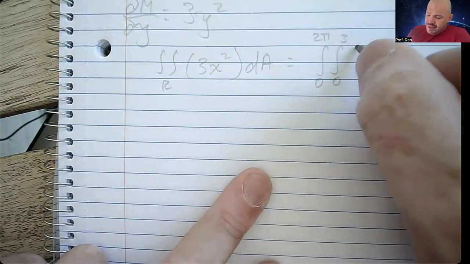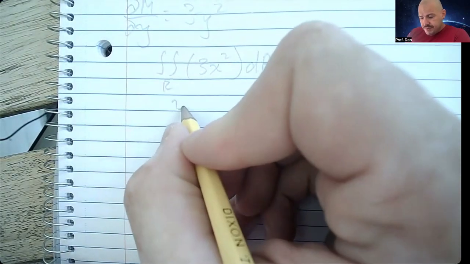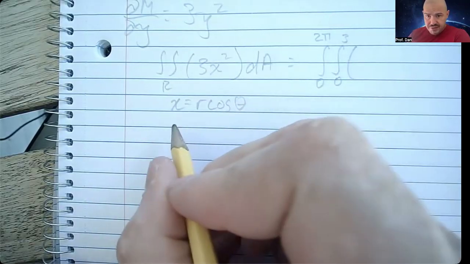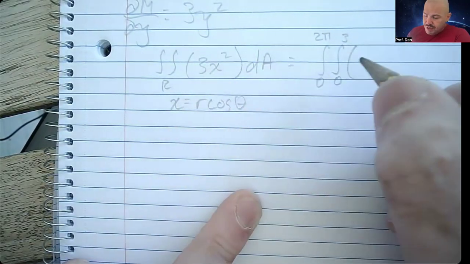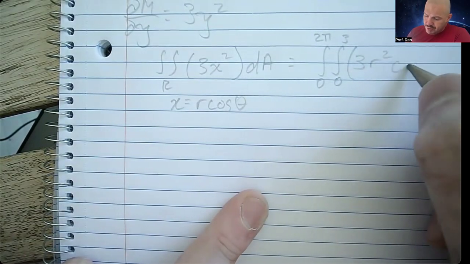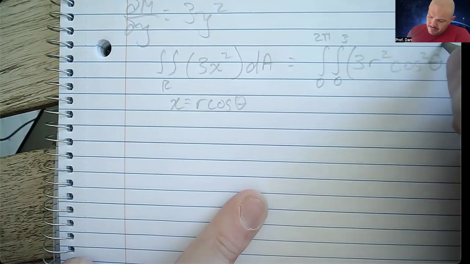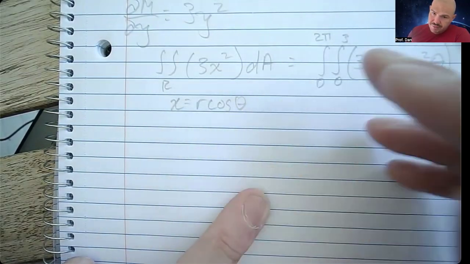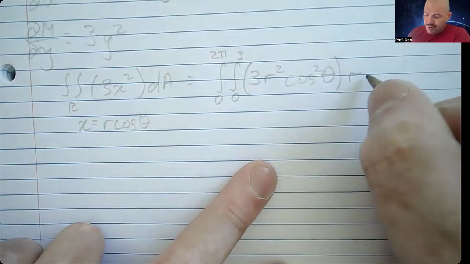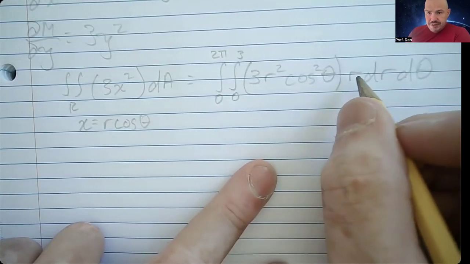The integrand is 3x squared. Remember, we have to convert this to be in terms of r and theta. So using the polar coordinates definition, x is r cosine theta, we can rewrite this as 3 r squared cosine squared theta. And dA, the differential in polar coordinates, remember, was r dr d theta. Remember, you have a Jacobian here that's not just 1.